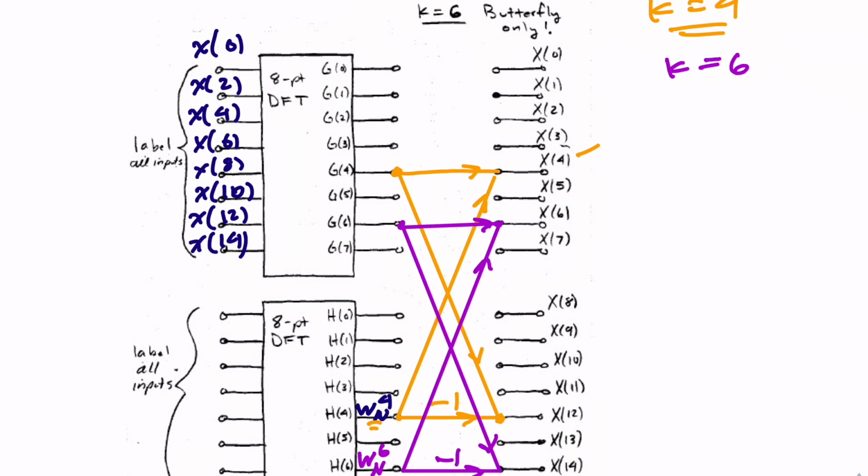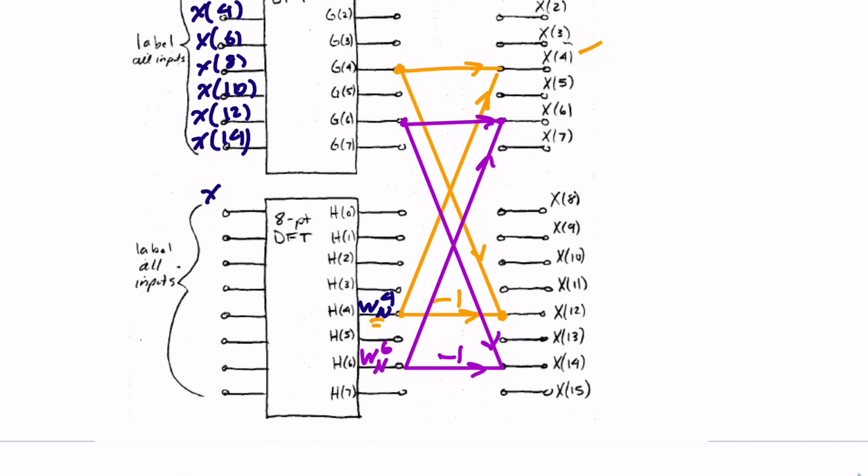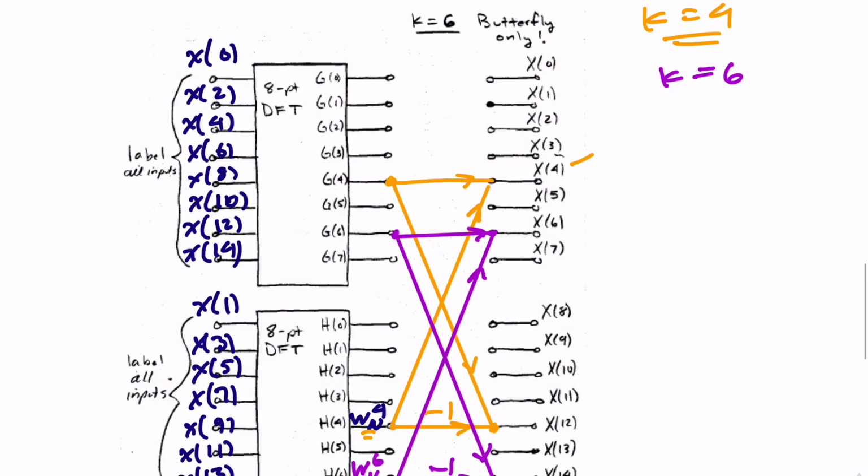And then the bottom half of this would be the odd values.